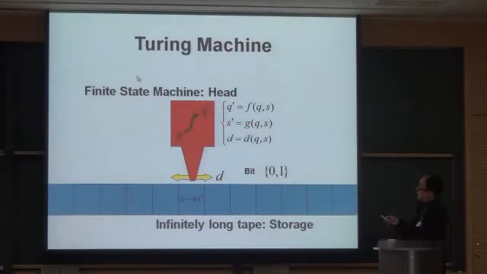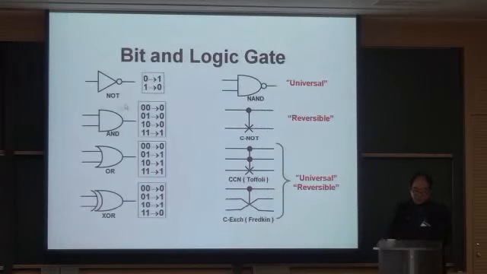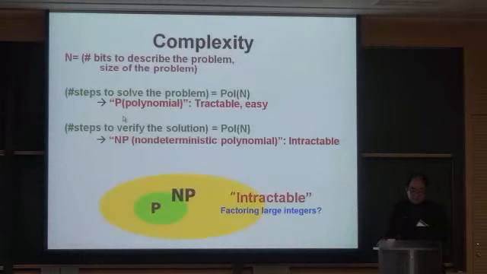And this is the Turing Machine. Here we have an infinitely long tape as storage, and this finite state machine reads and does the calculation and records and moves and so on, everything based on 0 and 1 bits. So we have this bit and logic gates, and then there's a complexity problem, the P, NP, this kind of problem.